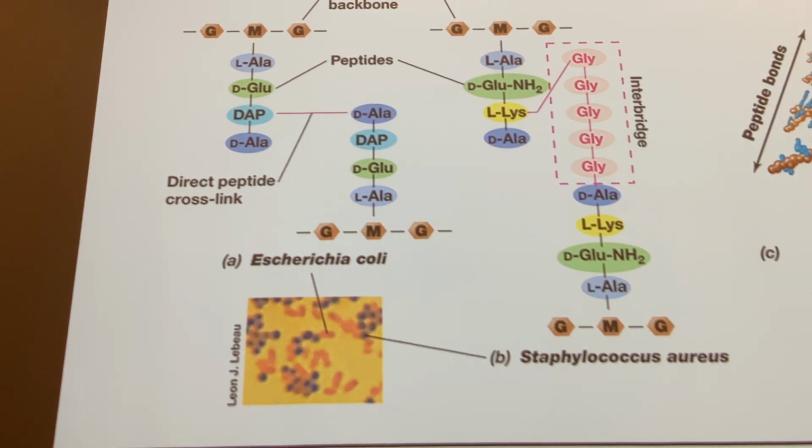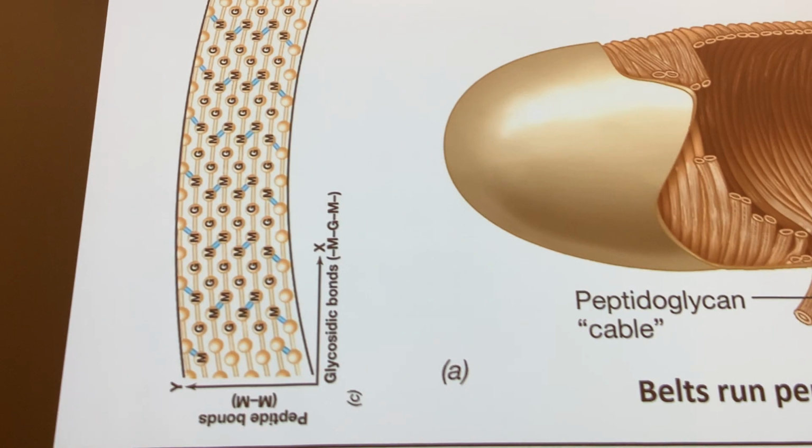This is a little bit more what it looks like in real life. So it's not necessarily a perfectly lined up cage, but more a dynamic structure. And again, these molecules wrap around and around cells. This is just an overview of how these peptidoglycan chains run.